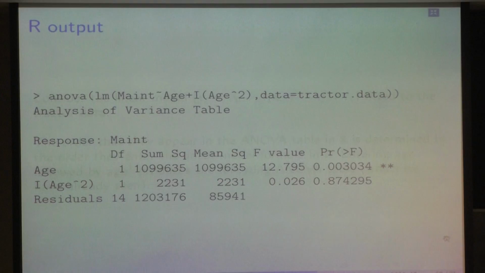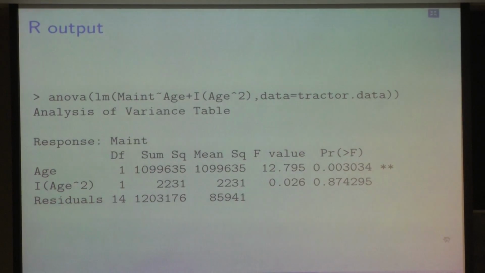We got an analysis of variance table which looked like this. That gave really quite strong evidence, p-value 0.003, for the inclusion of age, and no evidence whatsoever for the inclusion of age squared, because we have a very large p-value here, 0.874. So once we've got age in, there is no evidence that we need to include age squared as well.